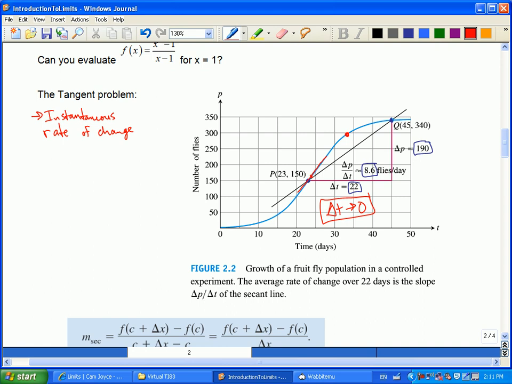So on day 5, the change is exactly, and you can say it, for that one instant. The other thing the tangent problem does for us is it gives us the slope of a line tangent at a point.